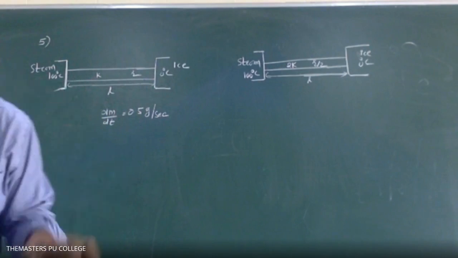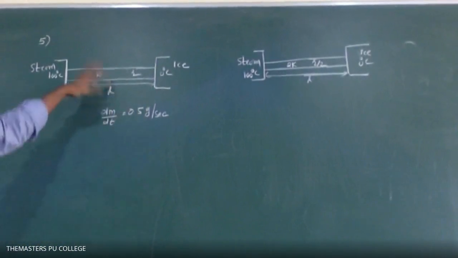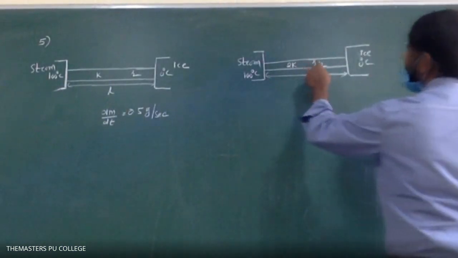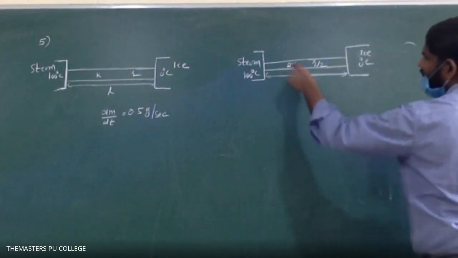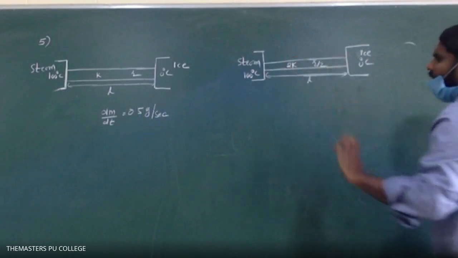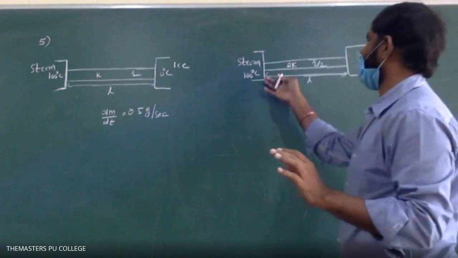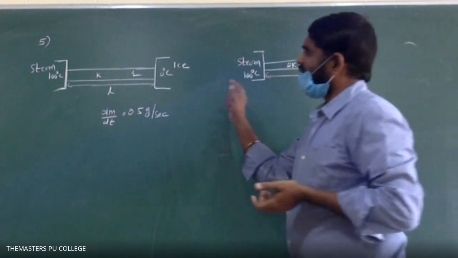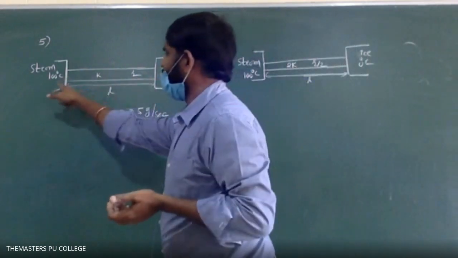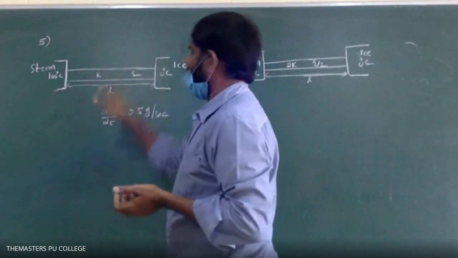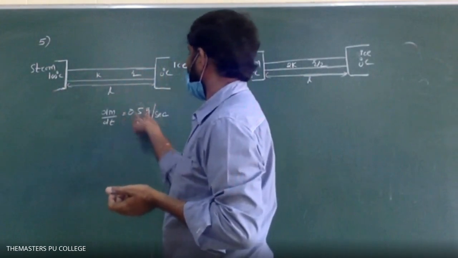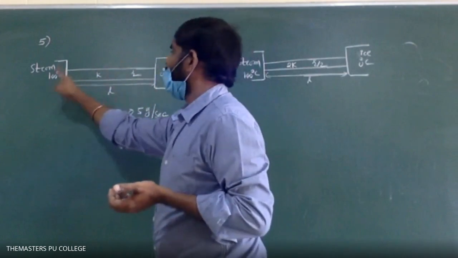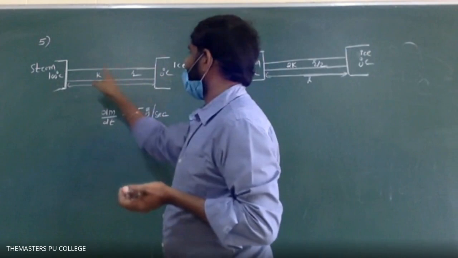Now this rod is replaced by another rod whose diameter is half, that is, radius is half, with the same length, and thermal conductivity 2K. How much ice will melt per second now? Earlier, a rod connected the steam chamber and the ice, and 0.5 gram of ice melted every second due to heat transmission from the steam chamber through this rod.